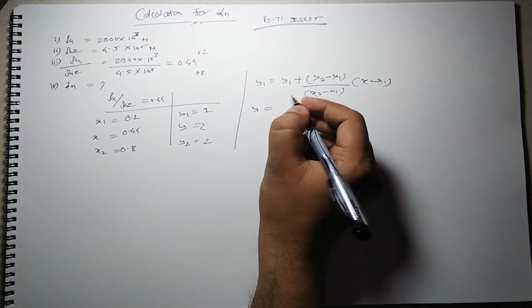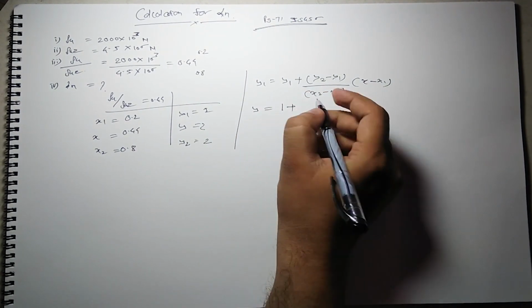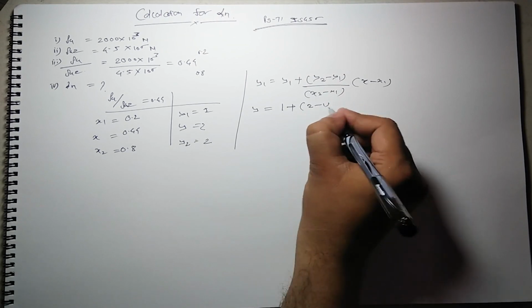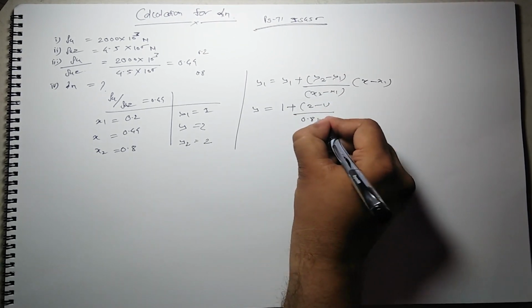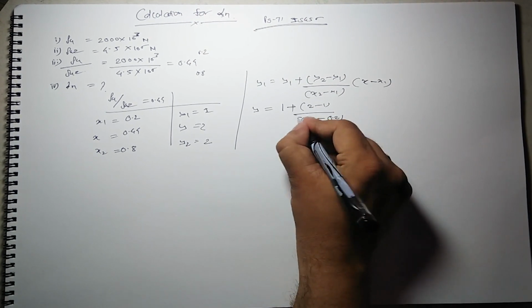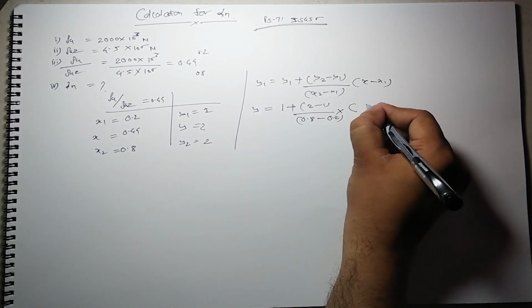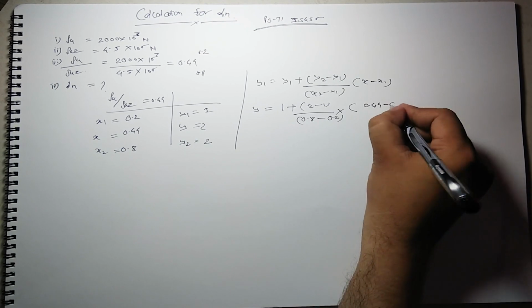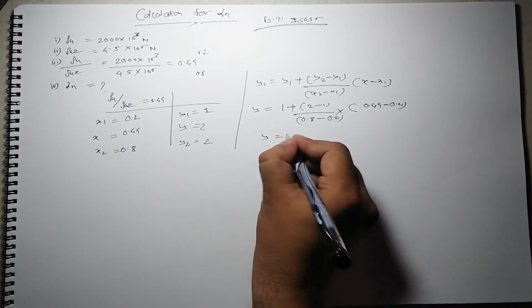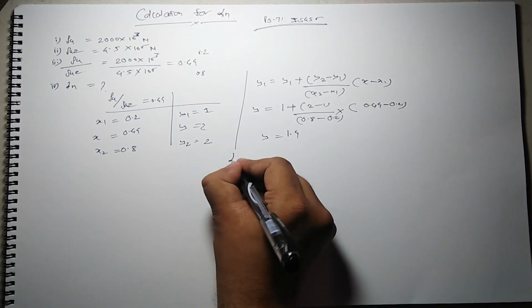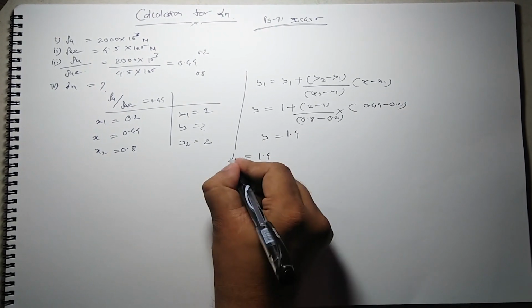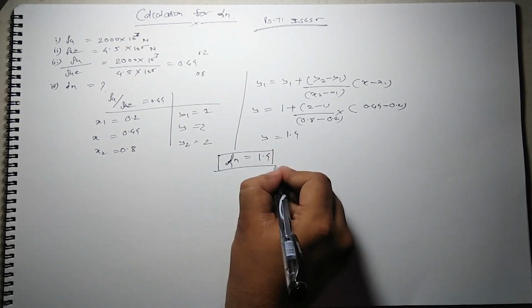So y equals 1 plus 2 minus 1 upon 0.8 minus 0.2 into 0.44 minus 0.2. So the value of y is coming to be 1.4. So alpha n equals 1.4. I hope you understood the step now.